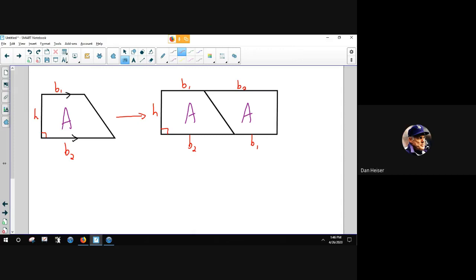This rectangle, we can say is length times width, only the length is base 2 added to base 1, and the width is now the height. That's not the area of a trapezoid. That's the area of both of these combined.